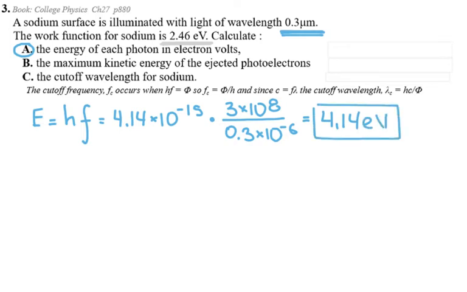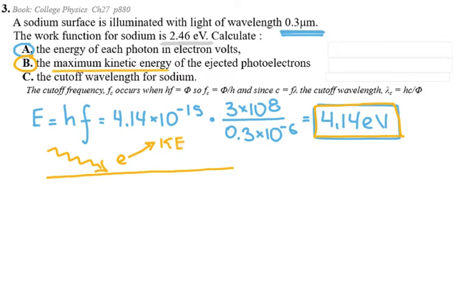For the second part, they ask you to find the maximum kinetic energy of the ejected electrons. So I know the energy of the incoming photons. The photons coming in have this much energy. And then these photons will emit the electrons with some kinetic energy, and that's the kinetic energy they're asking me to find.